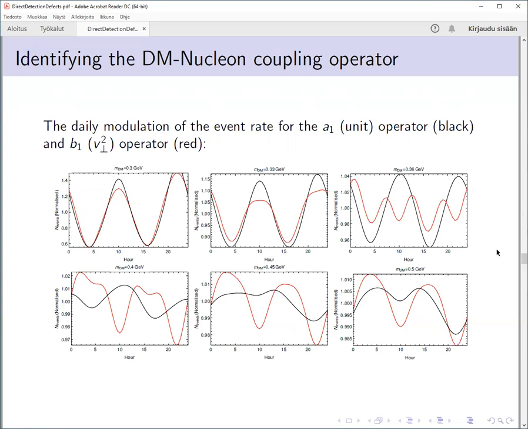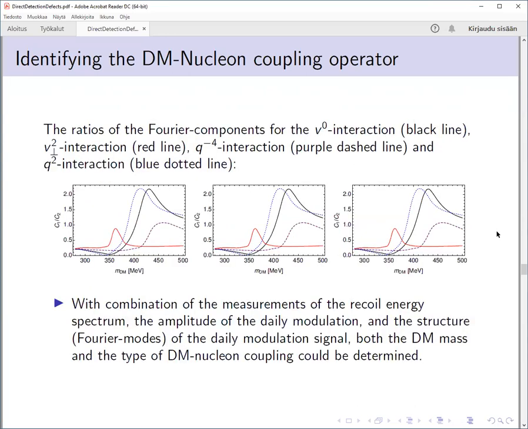So presumably, if you're lucky enough and you have an experiment big enough to gather enough data, you could use this effect not only to identify dark matter, but also to identify how it interacts with the nucleus, because you could see the shape of this modulation signal in your event rate, and that could tell you something about the way that the dark matter particle interacts with the nucleus.